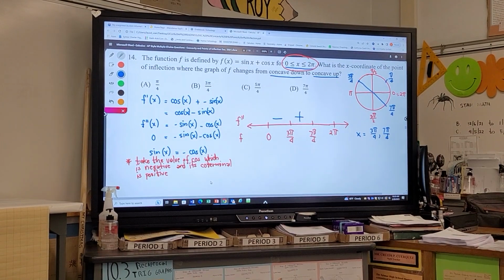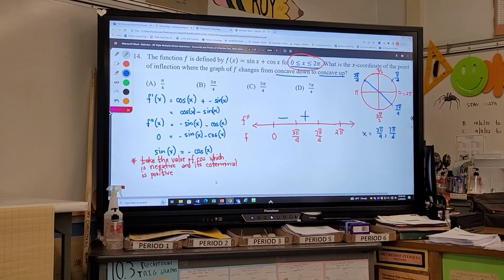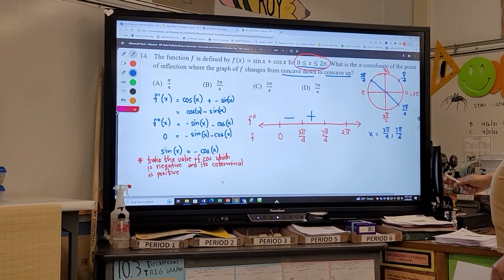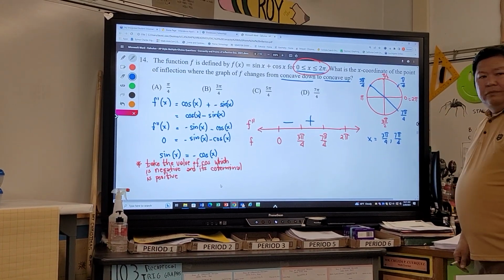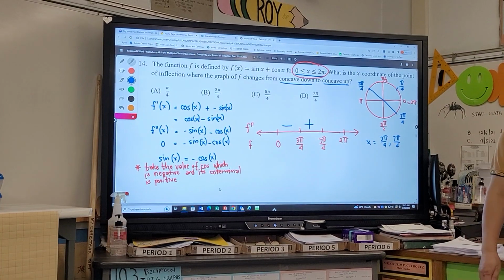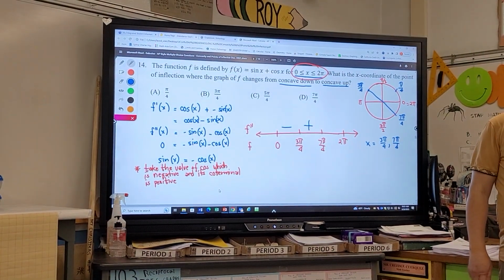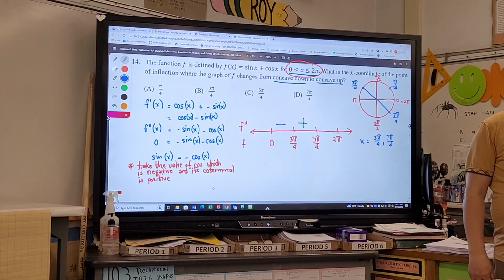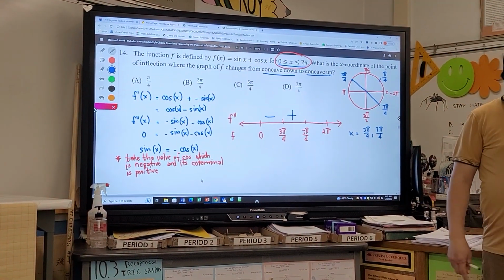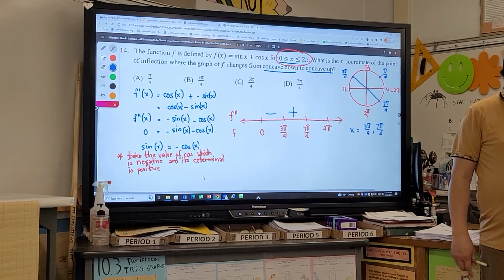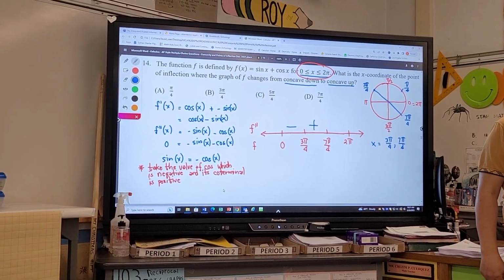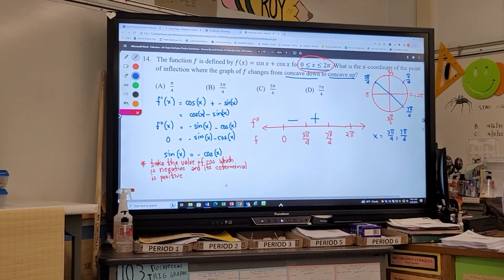Okay, between 7 pi over 4 and 2 pi, what do you think? Can we choose negative pi over 6? Particularly, it's going to be 330 degrees.